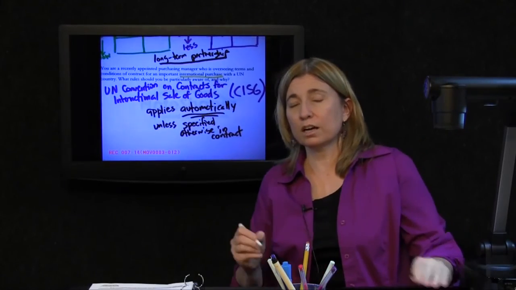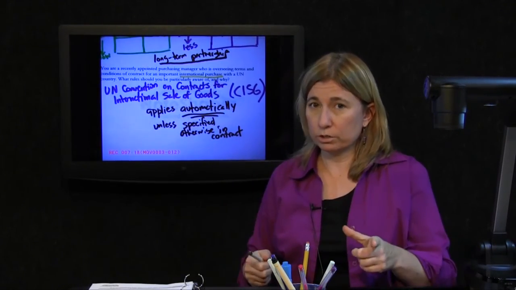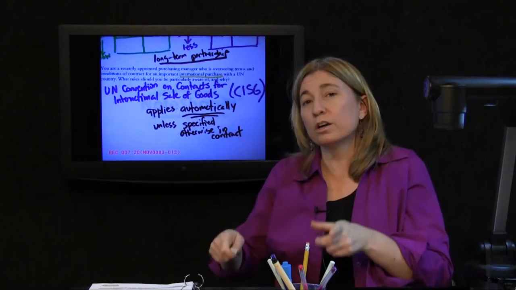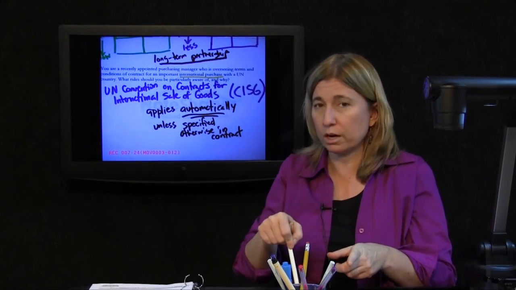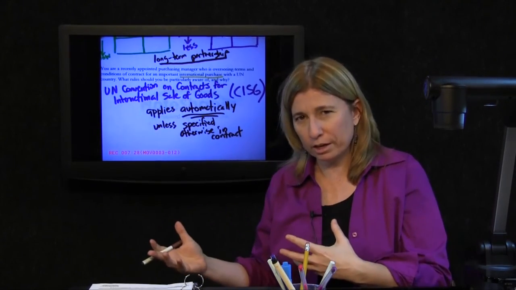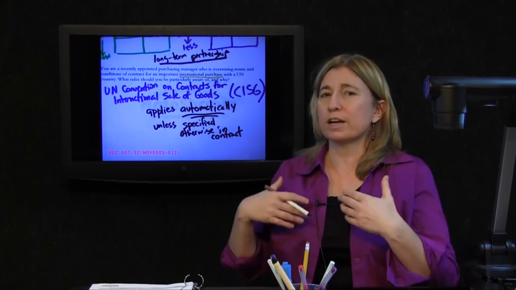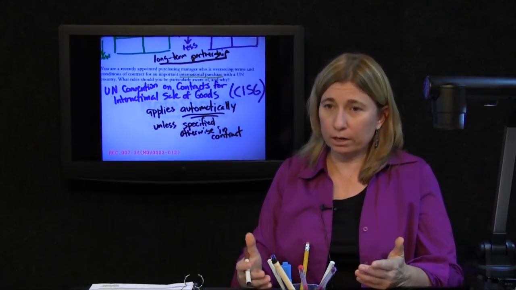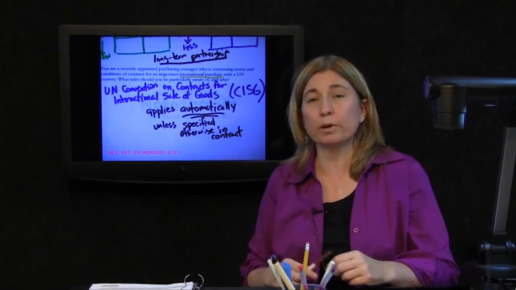This detailed document contains a set of rules describing international transactions, and it's binding on your contract unless you say specifically this part's not or this part's not. So that's why you should be aware of it. It's not necessarily a bad thing, but it would be very much in your interest to be aware of exactly what it says, because unless, again, you specify otherwise, you're going to need to obey those rules.